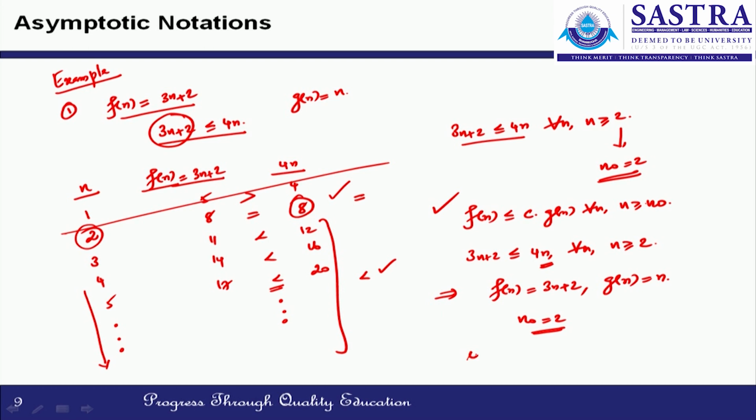We can say f of n is equal to 3n plus 2 is equal to big O of g of n. Big O of g of n is n. So, 3n plus 2 results in big O of n, that means a linear computational complexity.